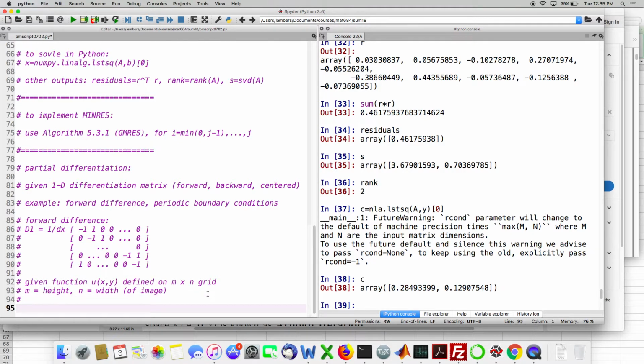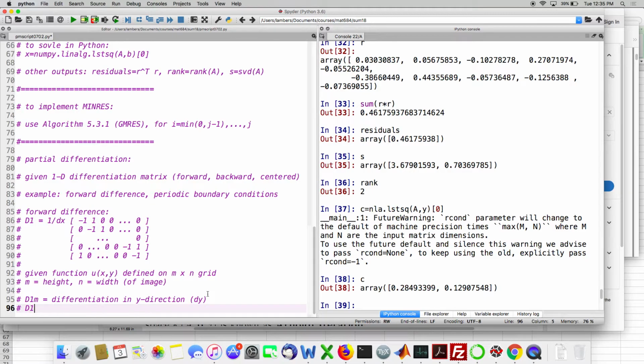Okay, so I'm going to let D1M refer to differentiation in the y direction, using spacing dy, and then D1N equals differentiation in the x direction.